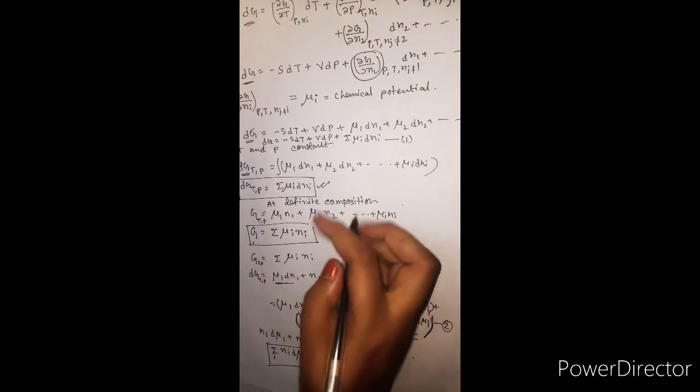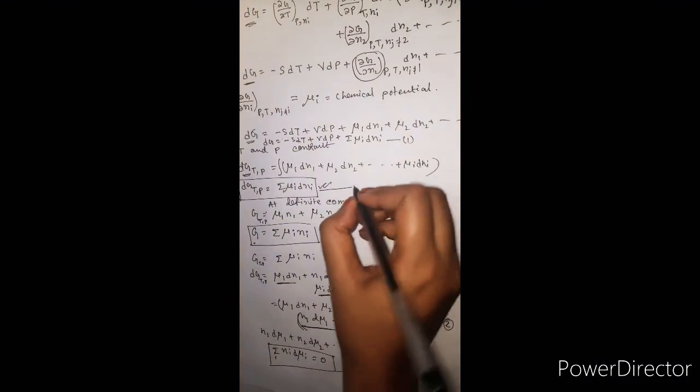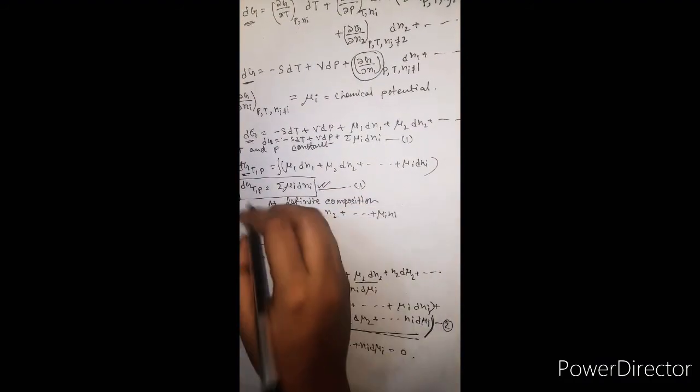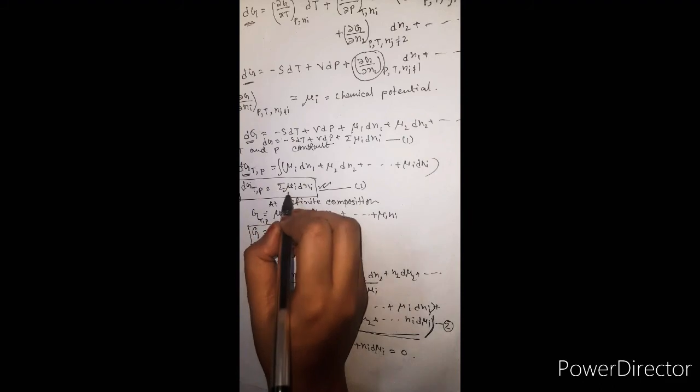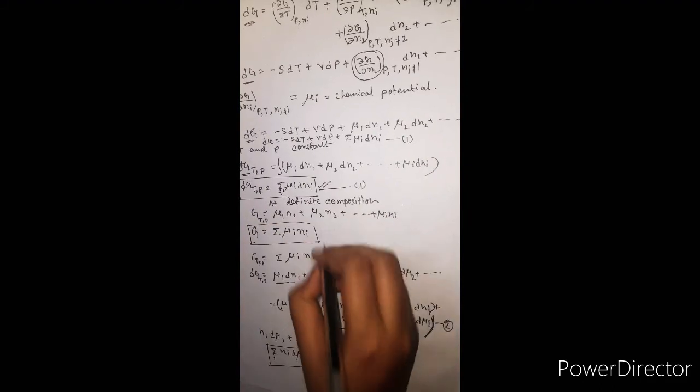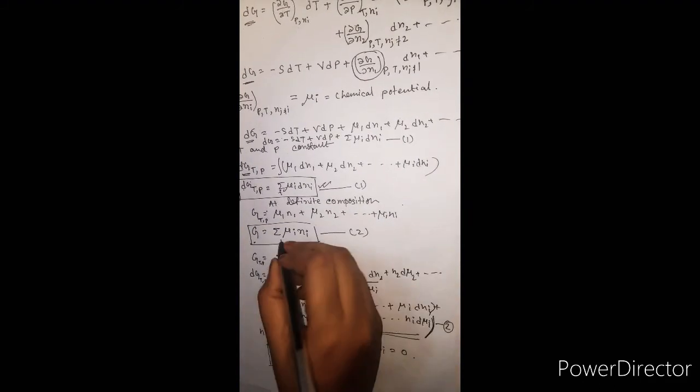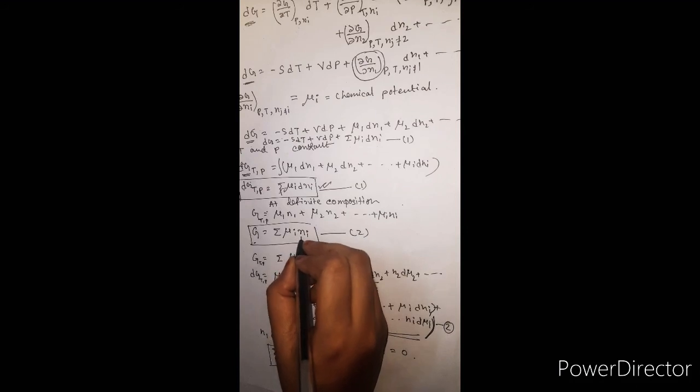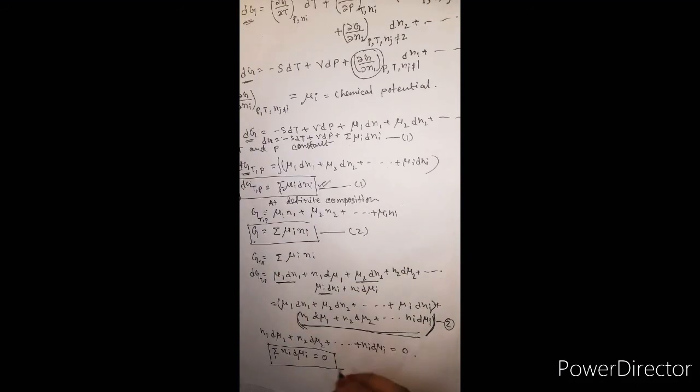So we are getting three forms of the Gibbs-Duhem equation. One is dG at constant T,P is equal to the summation of mu_i dn_i, G is equal to the summation of mu_i n_i, and the third form is the summation of n_i d mu_i is equal to 0.